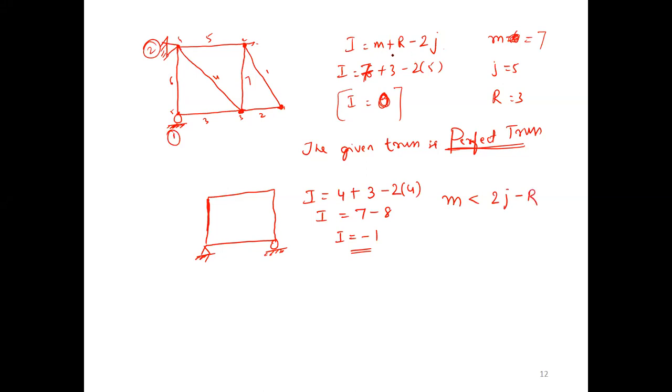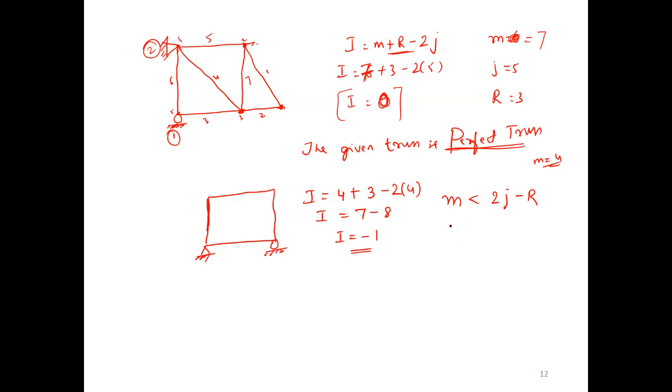I have revised this equation. m plus r equals 2j. I'm taking, if you are equating, m equals 2j minus r. Number of members m equals 4. If you do 2j minus r, how much are you getting? 2 into j is 8. 8 minus r, 3.